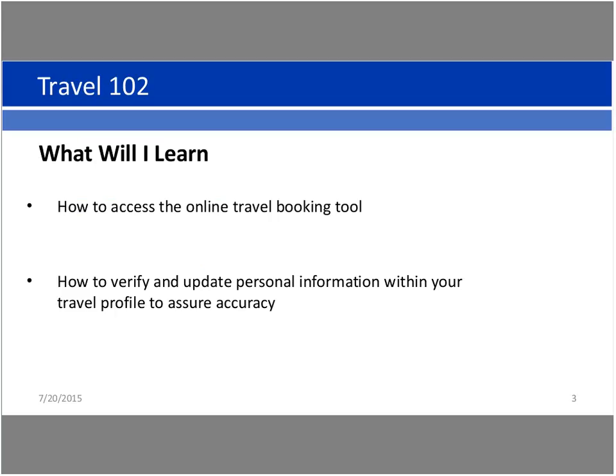Staff must complete the Nationwide Volunteer and Staff Travel and Expense tutorial, which is assigned by your manager, in order to actually establish a profile. But what we're going to learn today is how to access that travel profile once it's been established for you, and then how to verify your personal information and verify that that information is both accurate and current.